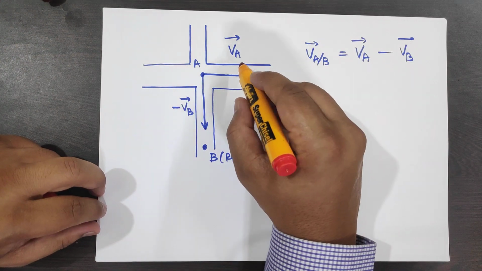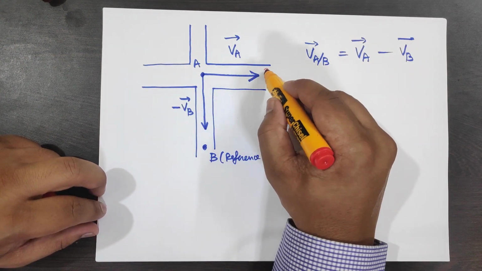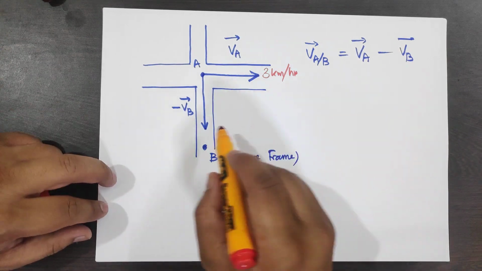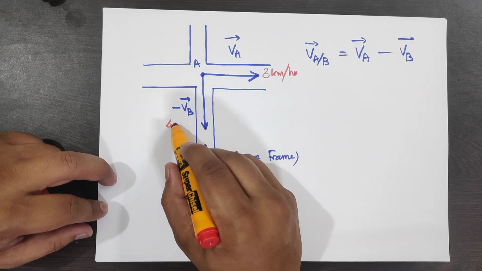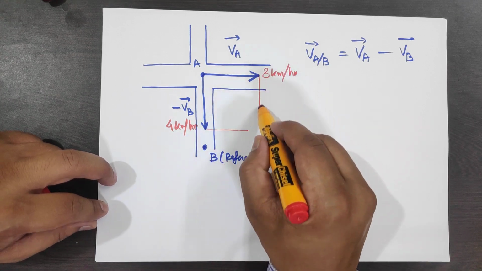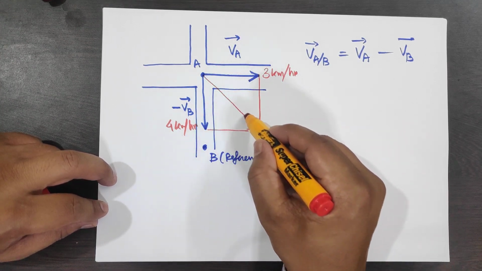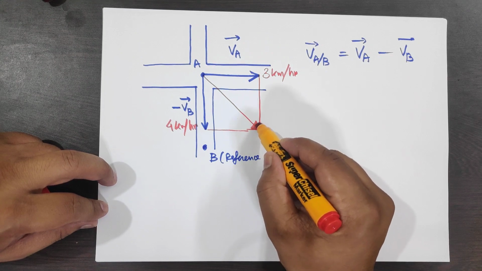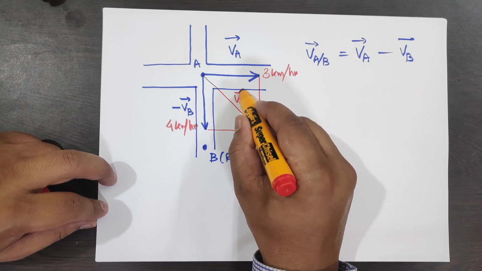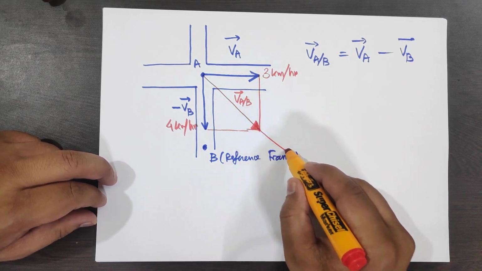So this happens to be 3 kilometer per hour, and this happens to be 4 kilometer per hour, and so the resultant of VA and minus VB is velocity of A as seen by B.